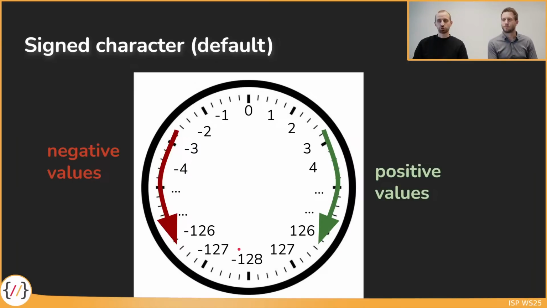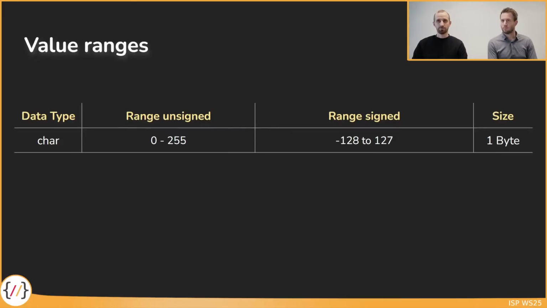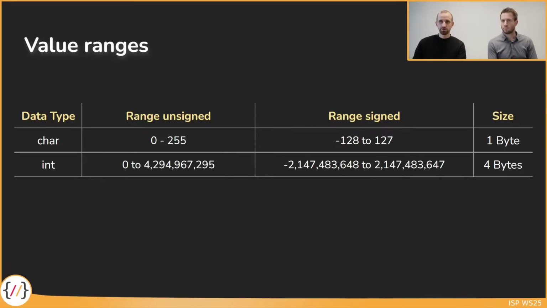So it shortens my space available for all my numbers. And this is what I have to consider, because the value range of a character, when it's unsigned, is from 0 to 255. Signed, it's from -128 to +127.